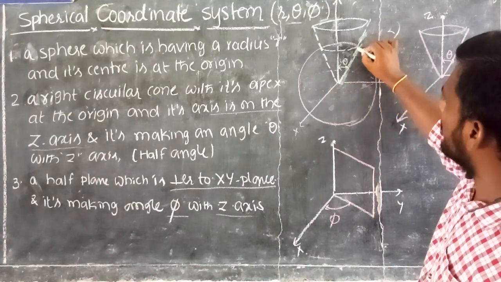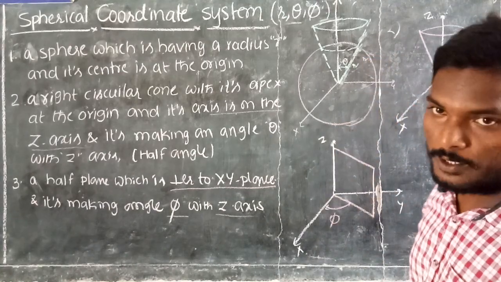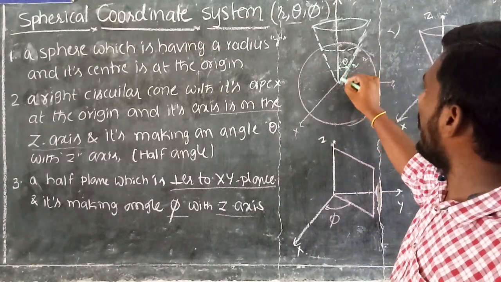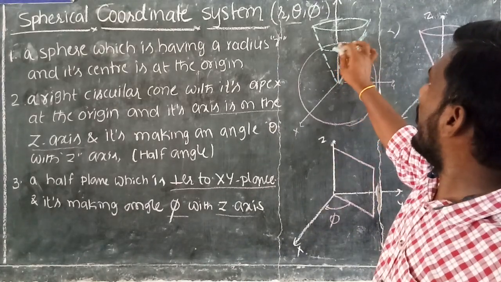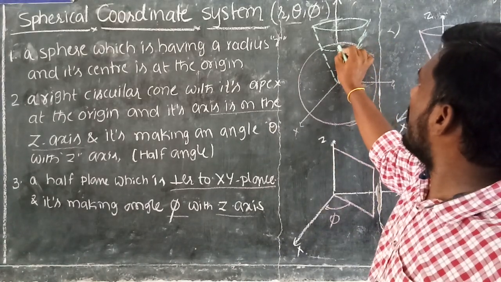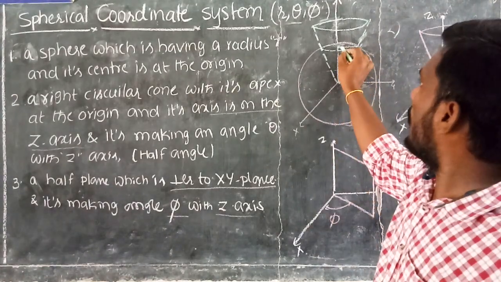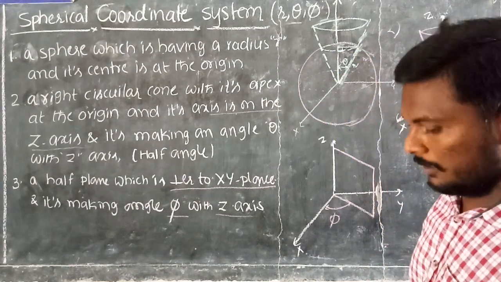As it is the radius of the sphere, it is r units. So if it is theta and if it is r, and you draw a line between the z axis and the common point of cone and sphere, how much angle is it making here? It is 90 degrees. Okay. Now you tell me.